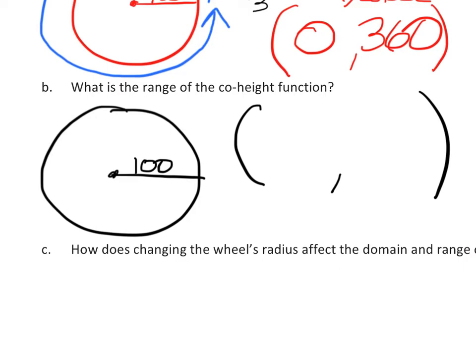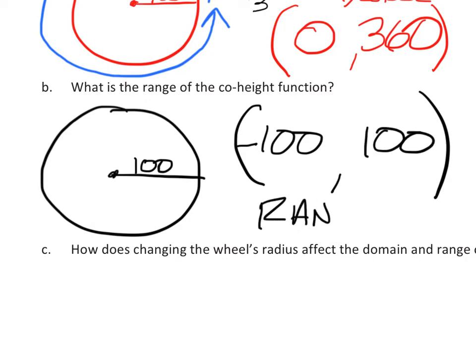What is the least amount for the coheight for a Ferris wheel that has a radius of 100 feet? Negative 100. What is the highest? 100. There is your range. That is what can be spit out. No matter what domain value of degrees you plug in, the value you get out will be between negative 100 and positive 100.